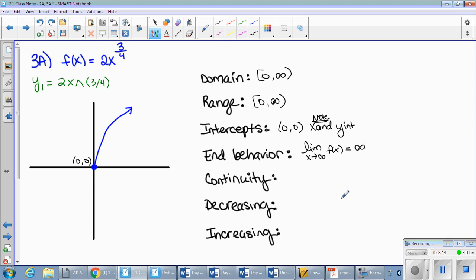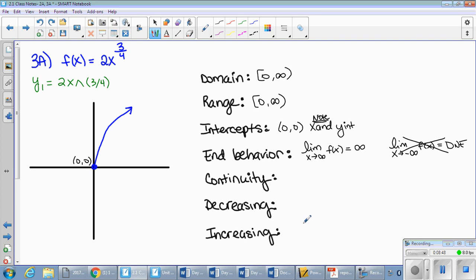Now take a second and think, why am I not going to do the limit as x approaches negative infinity? Have an answer? Well, it's because if I look at where x is getting really small, there's no graph. There's no graph to examine, so this limit does not exist. We could just ignore it completely.